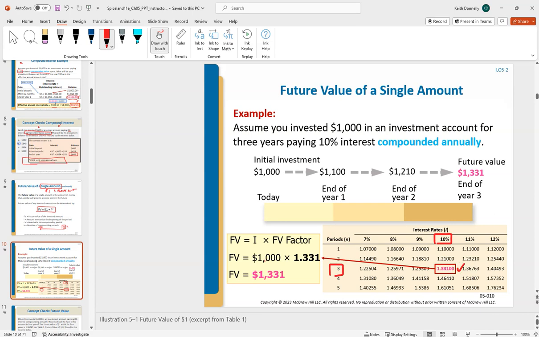That's going to get us our factor. We'll take the amount here, the $1,000 we put in, times the factor. Hey, in the future, it's going to be worth 1331, right?